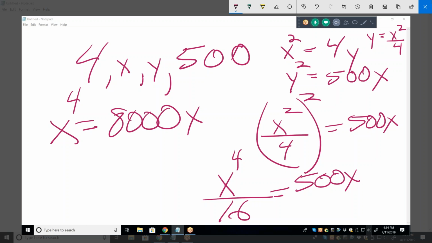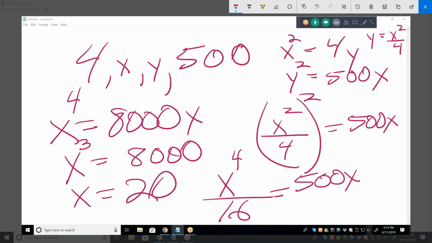So, yeah, x cubed equals 8,000. So x is 20? Yeah. Perfect. That's 20. Now we know our ratio is 5 to 1. That's got to be 100. There's the two medians right there, 20 and 100.